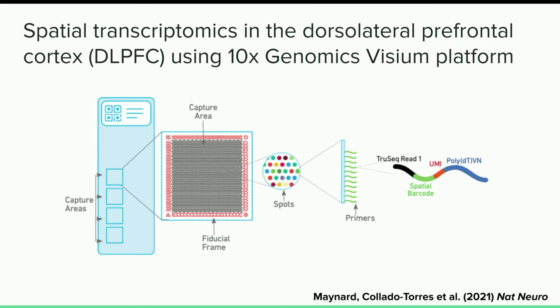You have a UMI barcode, a unique molecular identifier that tells you which molecule these reads came from, and so on. So at the end of the day, you again get a counts matrix, except these counts, instead of cells, come from these XY coordinates. And you have up to 5,000 observations per tissue section with up to 20,000 protein coding features.